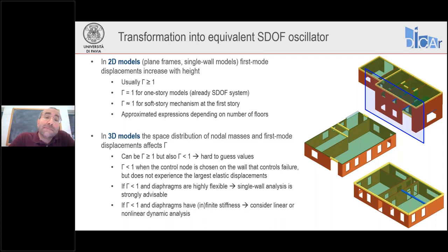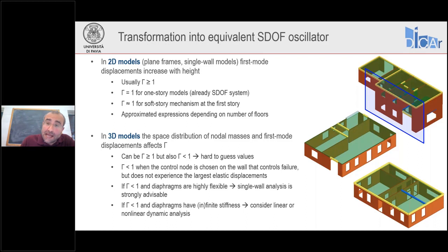If instead gamma is less than 1, but diaphragms are of finite or infinite stiffness, well, in this case, probably we should perform other types of analysis. Dynamic analysis could be a better choice in these particular cases.